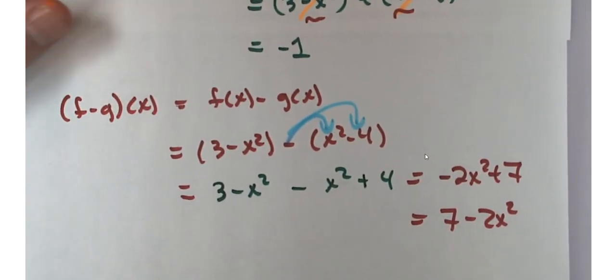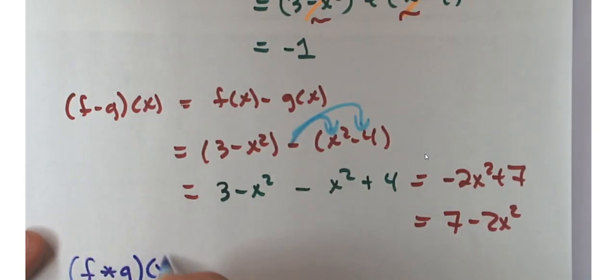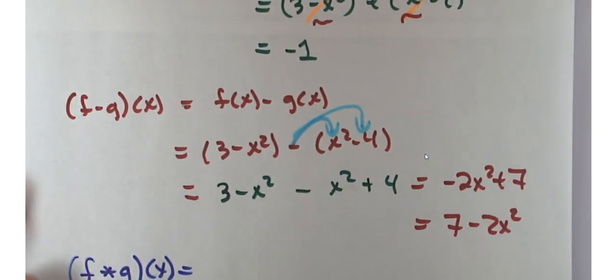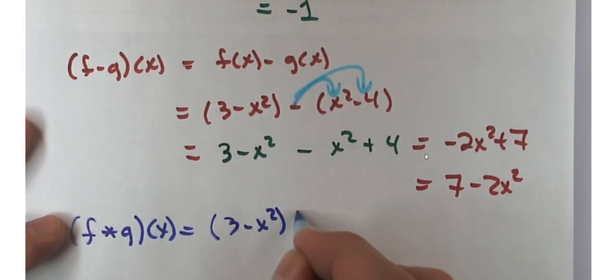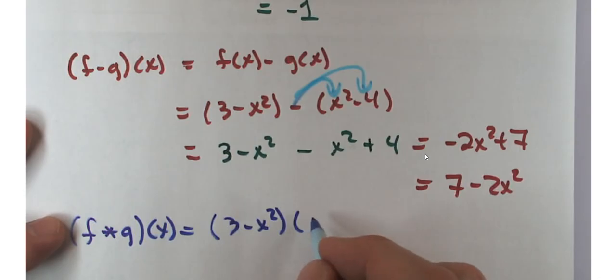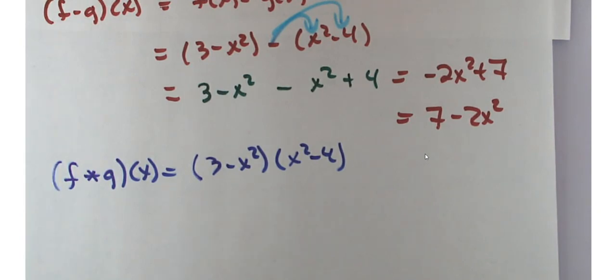Let's take a look at a different one. So how about if we try f times g of x. So that's going to look like 3 minus x squared times x squared minus 4. What do I have to do in order to figure this one out?